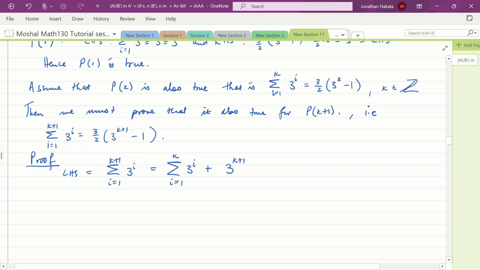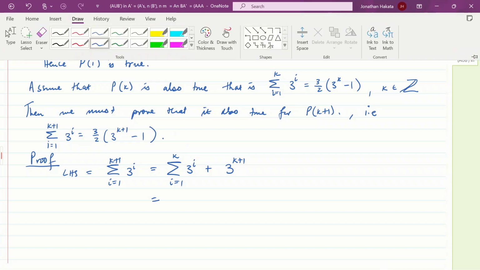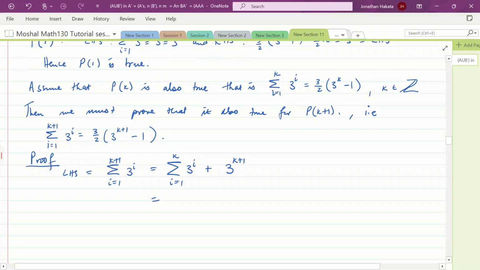If I add up to some k with the formula, then I don't need a sum for the last term. The last term, I know it. I will just replace i with k plus 1, which is just this last term. Why did I do this? For this part, I want to use the assumption step.